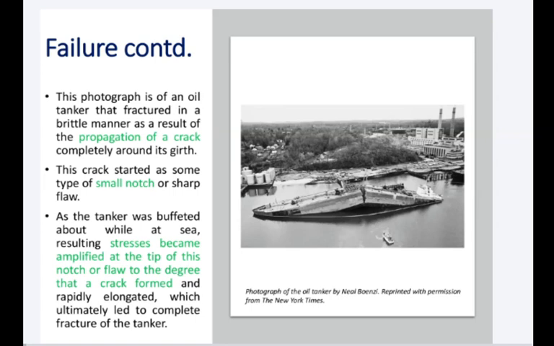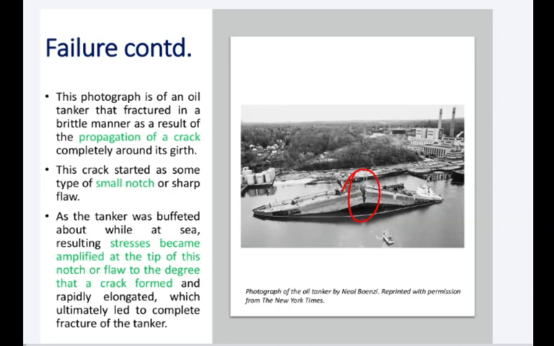Now here you see an oil tanker that has fractured in a brittle way as a result of crack propagation. There were cracks here, and the cracks propagated, and then the oil tanker broke into two parts. This crack started as some type of small incision, a small flaw or sharp flaw.